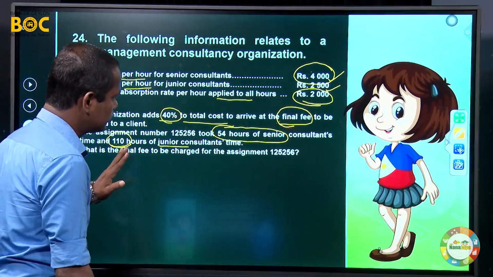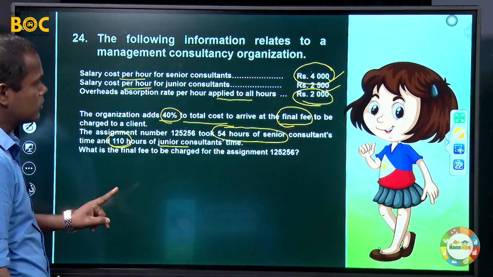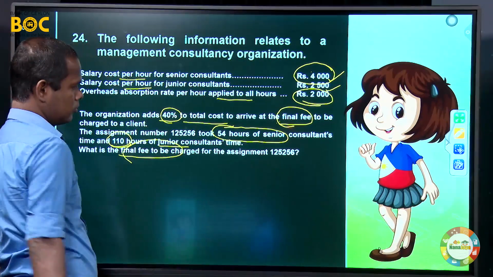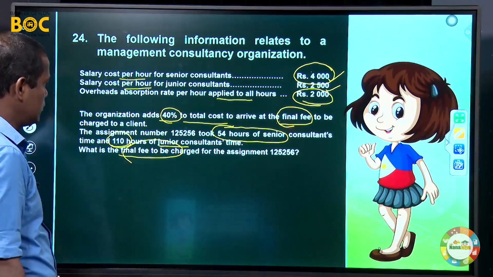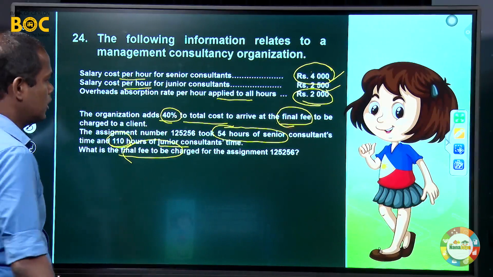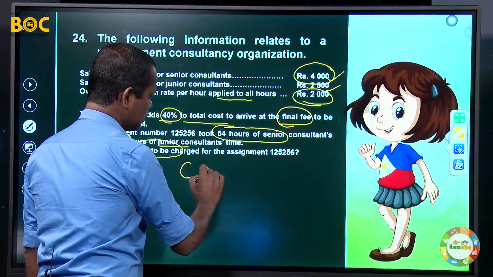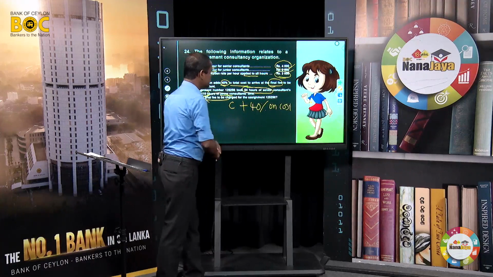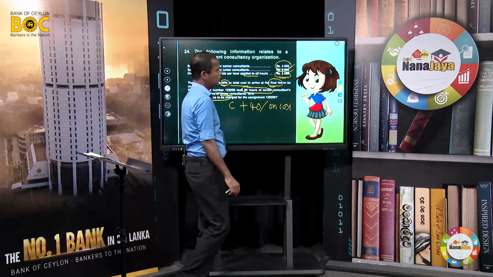What is the final fee to be charged? You can calculate the cost of the job, and on that you add 40% on cost. Then you get the fee of this assignment.